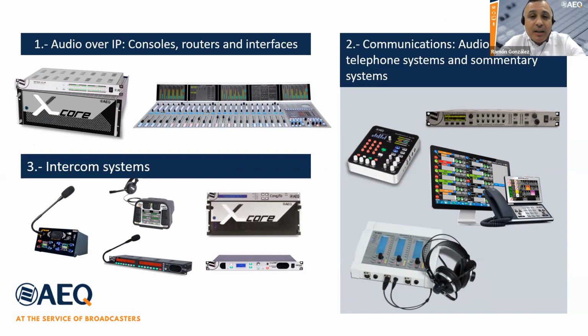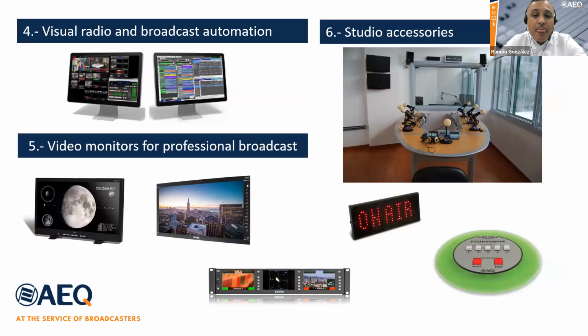Number three, intercoms, with matrix and matrixless solutions. Number four, media management, playout platform and visual radio system, the family of software. Number five, high-grade professional video monitors. And the last one is all the additional or extra items you need for a complete service integration.